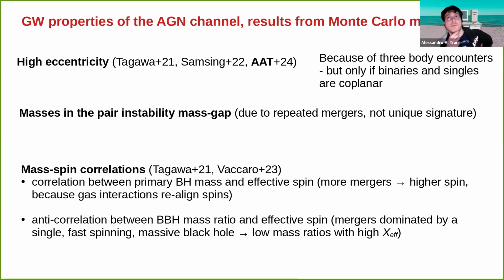So if you're asking me if it's possible that some outlier event, like a mass gap event, is due to the AGN channel, I can say yes, but so is any other channel that predicts mergers in the mass gap.